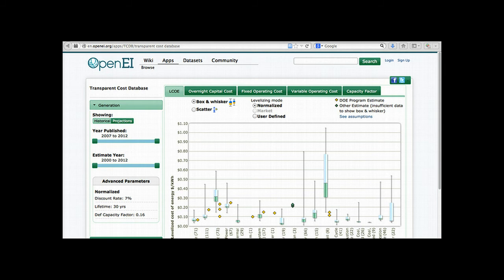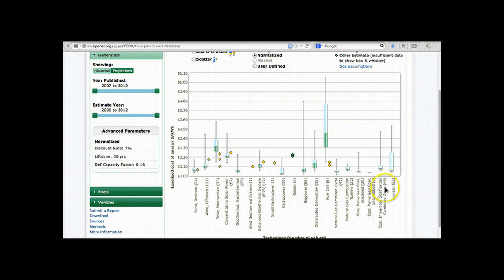The OpenEI Transparent Cost Database shows the LCOE, overnight capital cost, and fixed and variable operating costs in US dollars, estimated by the Department of Energy and others, based on historical data and projections for 19 electricity generating technologies, as a box and whisker plot with the minimum, maximum, and median. You can explore the data by year and see the parameters used in the calculations.